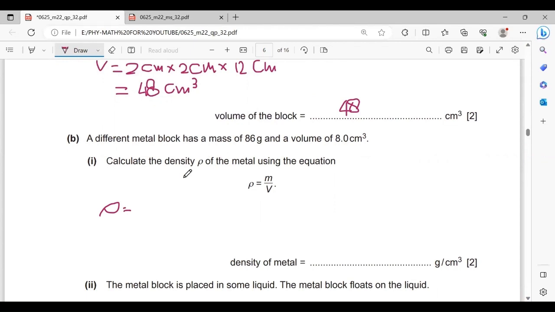The mass is 86 grams over the volume, which is 8 centimeters cube.